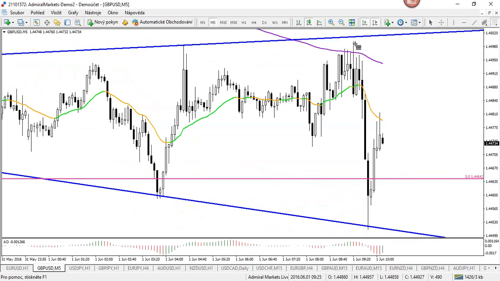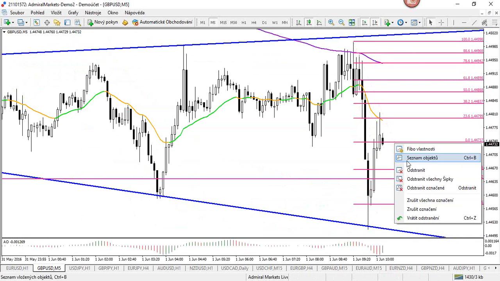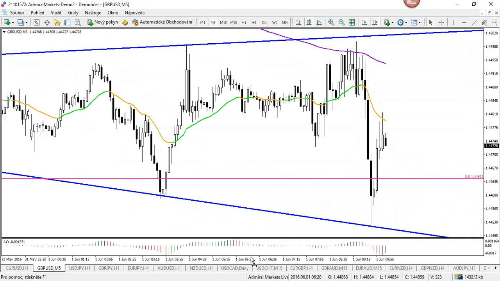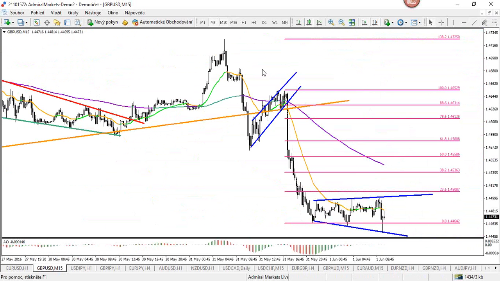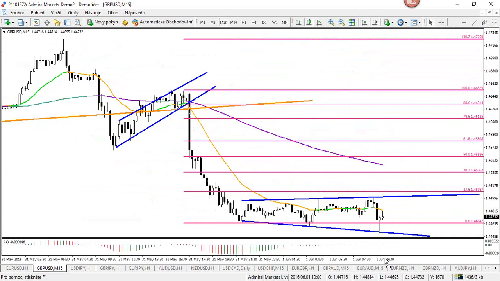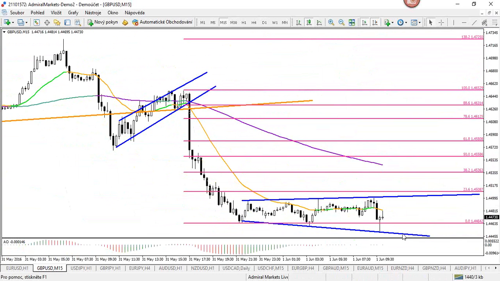It's possible. 61.8, I don't know. Once you get in these corrections on a 5-minute chart, I wouldn't start basing too many trades on that alone. So considering this pin bar, I'm not a big fan of it. I would rather wait, get it a bit higher, as I said, or a bit lower as it breaks out.